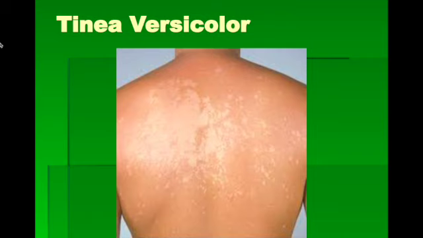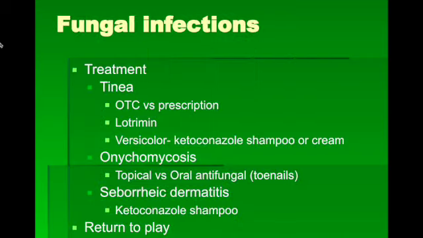And we can treat them in a similar way with a ketoconazole shampoo or cream, and that'll often improve the appearance if somebody wanted to treat that. And largely these are going to be treated with over-the-counter antifungals, or sometimes we need prescription strength if it's not getting better with the over-the-counter, or more severe, widespread distribution. Sometimes we do need prescription medicines.